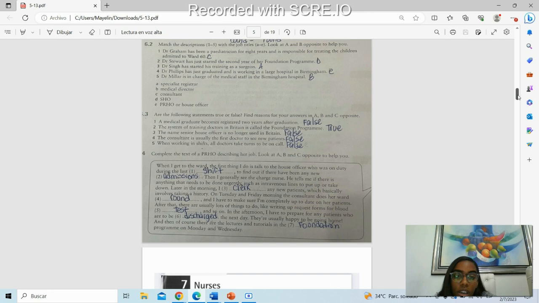He tells me if there is anything that needs to be done urgently, such as intravenous lines to put up or take down. Later in the morning, I clerk any new patients, which involves taking a history and examining them. On Tuesday and Friday mornings, the consultant does her round, and I have to make sure I'm up to date with the patients.